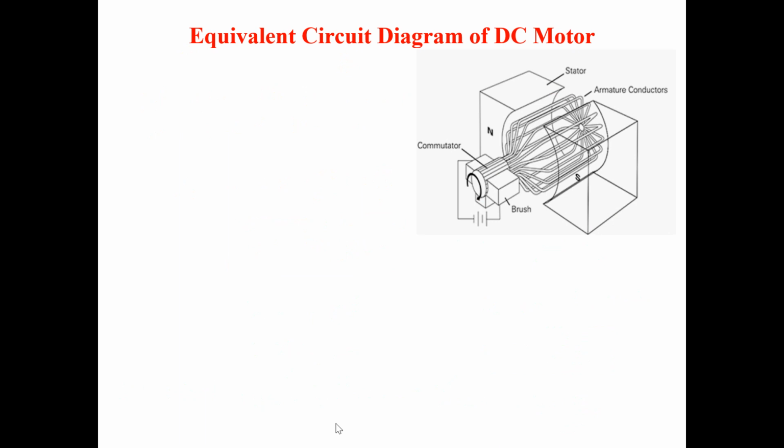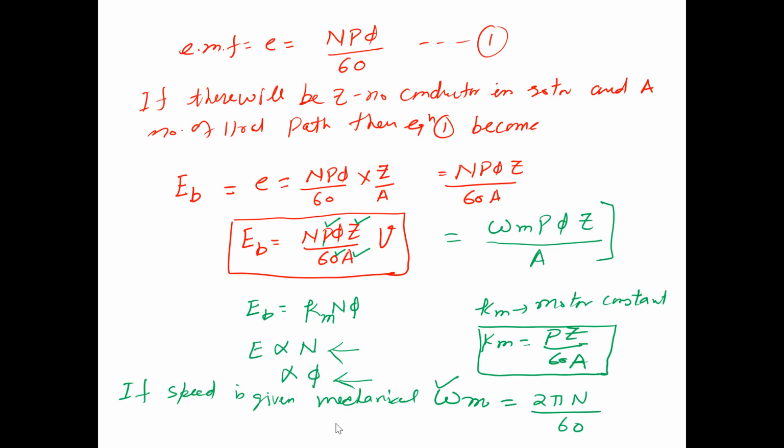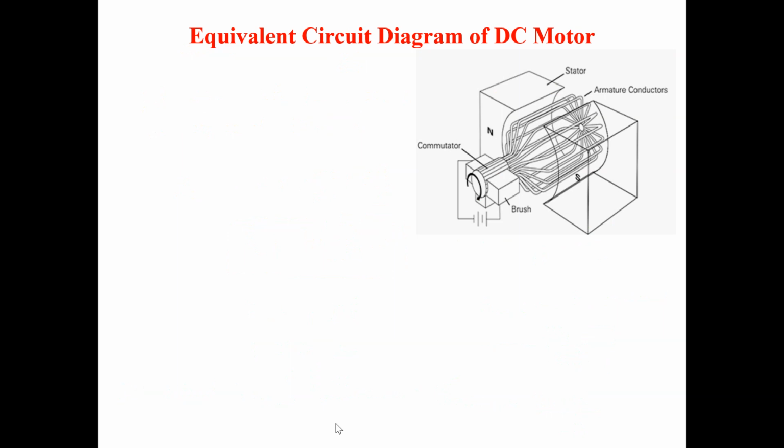Now, after this equation, we are able to develop the equivalent circuit diagram. See this: this is our stator, north pole and south pole, and this is our rotor, in which we have a number of conductors. These conductors are capable of developing the back EMF, which means the back EMF is developed in this armature. From the commutator we give supply, plus and minus.